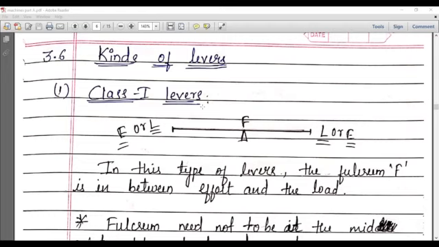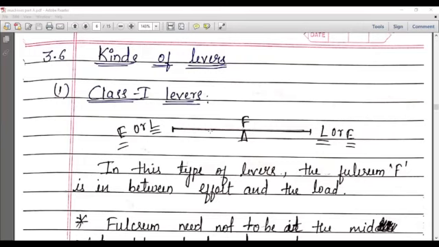So in this type of levers, the fulcrum F is in between the effort and load. But the fulcrum need not be at the midpoint of the effort and load.